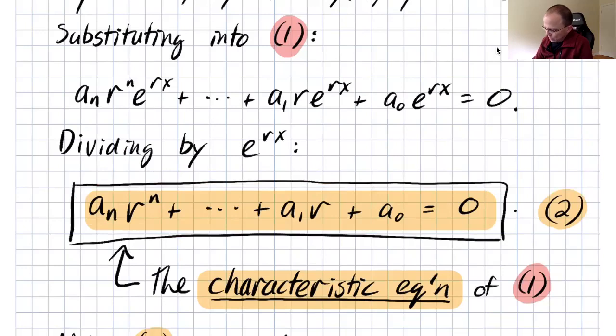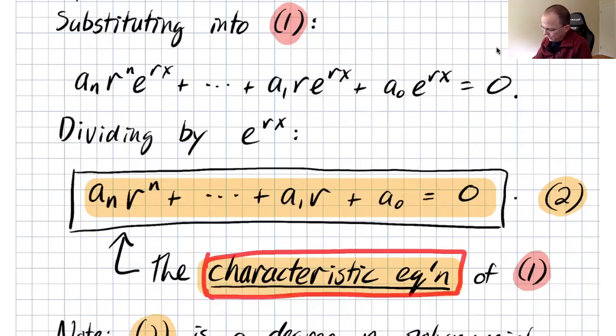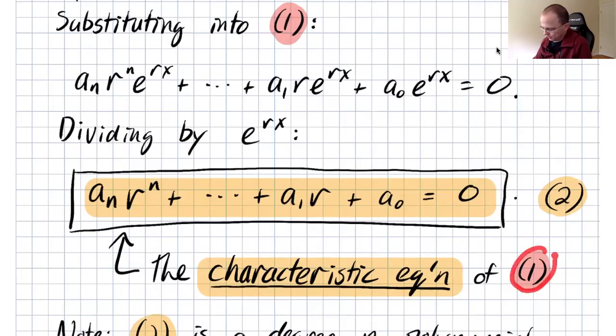So what this equation is asking us to do is to find the roots of this nth degree polynomial, because we want to find the values of r so that this equation is equal to 0. And this equation here is known as the characteristic equation of the differential equation 1.